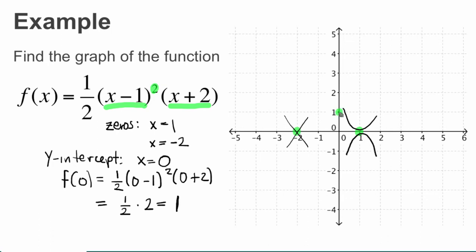Now that gives us enough information to determine what behavior is happening at 1 and also what's happening at minus 2. So this should allow us to fill in the gaps and graph our function. Because we know our graph goes through here, this has to be an upward facing curve at 1. So it's going to bounce off the curve like this.